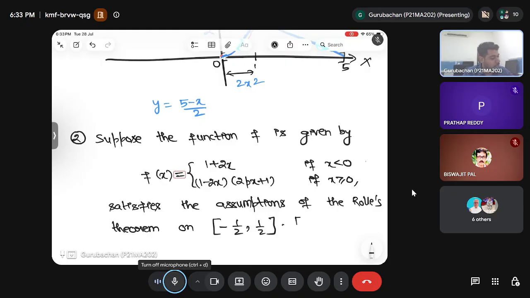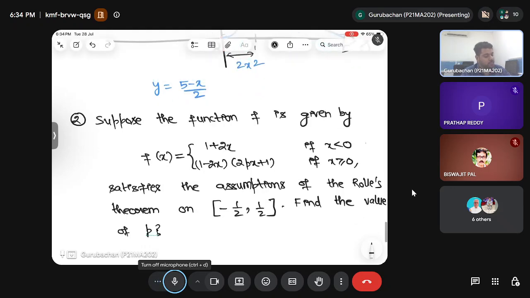Now find the value of p so that this condition is satisfied. That means f is following the Rolle's theorem. So following those hypotheses, or conditions, or assumptions, we need to tell the appropriate value of p.